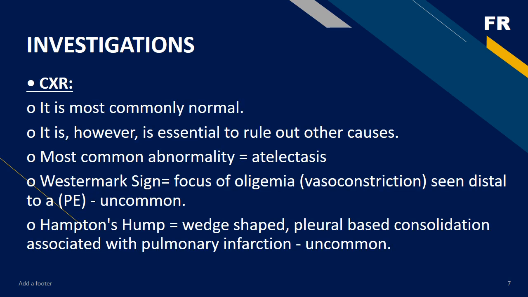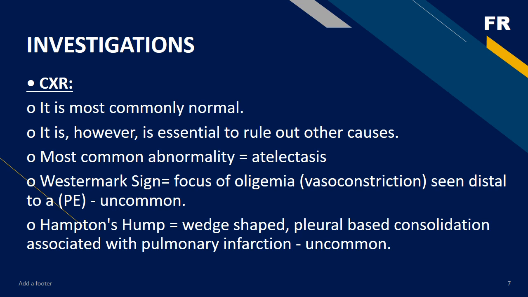So the chest X-ray is most commonly normal, and it is however essential to rule out other causes. The most common abnormality which can be seen on chest X-ray is atelectasis. Westermark sign can also be seen, which is a focus of oligemia, vasoconstriction seen distal to pulmonary embolism, but it is uncommon. Hampton's hump is a wedge-shaped pleural-based consolidation associated with pulmonary infarction.